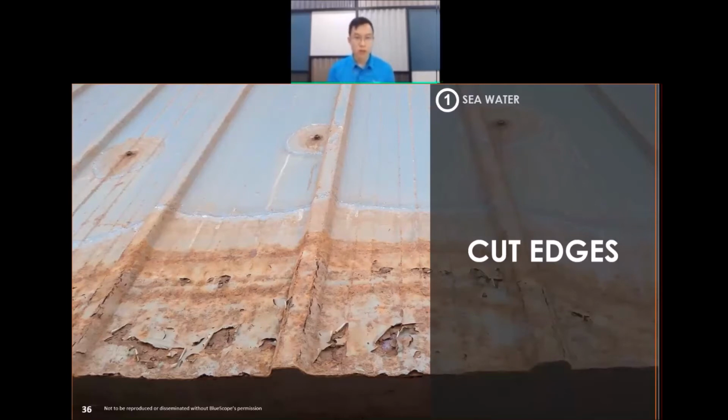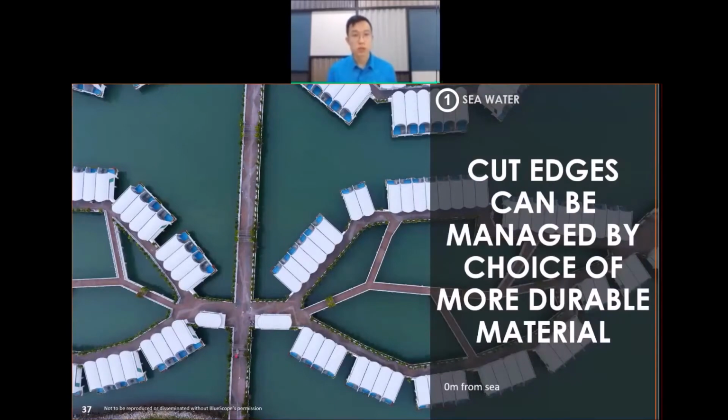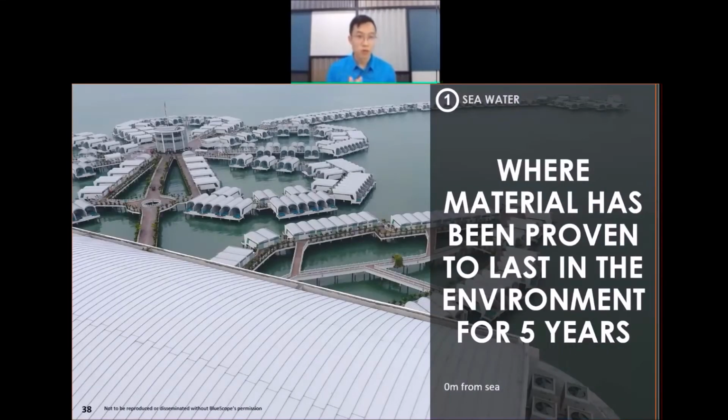So one of the very crucial things in preventing cut edge corrosion would be to choose a more durable material. Of course, today we won't cover what materials are available, but this is the point where you have to look for a material that can be durable in the environment, materials that can last, or have been proven to last, in the same environment, meaning near the seawater, for more than 5 years or even 10 years.